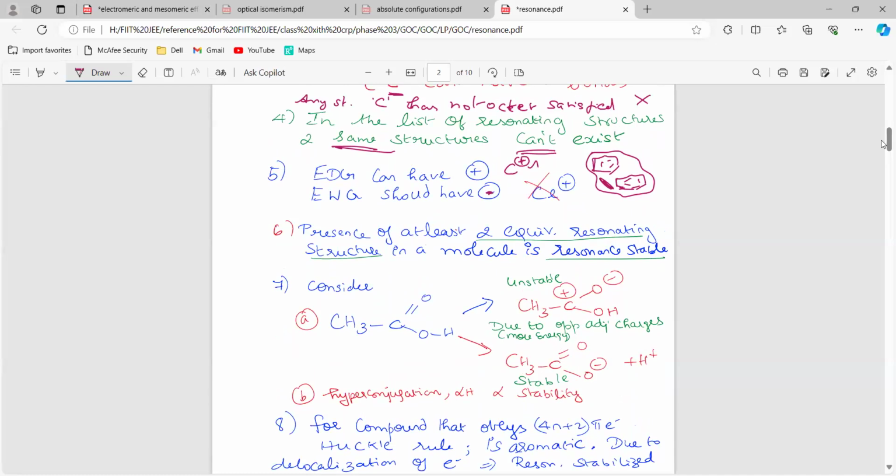Chlorine cannot have positive, this makes it very unstable. When you have a structure, you should ask whether it is stable or not. If it's an electron donating group, it can have positive. A carbon can have positive, not a problem. But if it's a highly electronegative group, like oxygen or chlorine, a positive charge on them makes them unstable. Is that clear? Yes, ma'am.